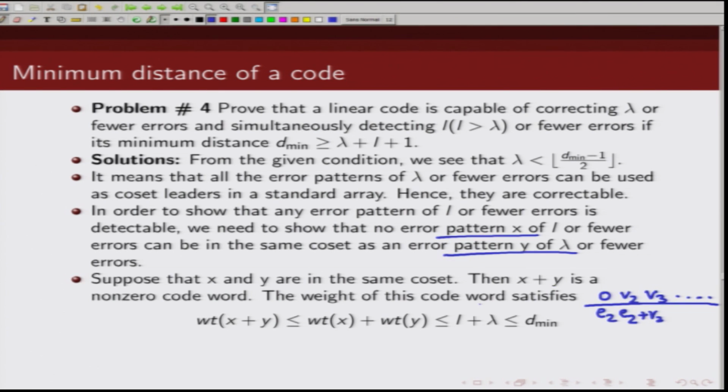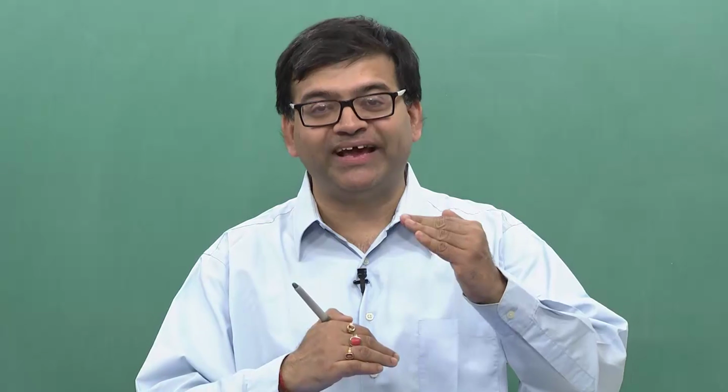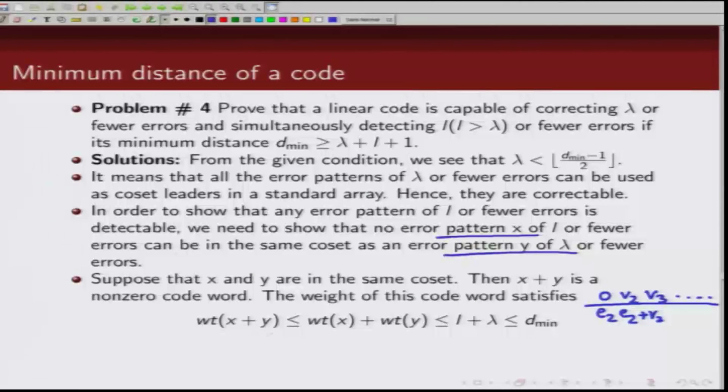Now, let us look at the weight of x plus y. The weight of x plus y is less than or equal to weight of x plus weight of y, because it is possible that there are some common elements between x and y. And what is the weight of x? x is an error pattern of weight L or less, so the maximum weight of x is L. Similarly, the maximum weight of y is lambda.